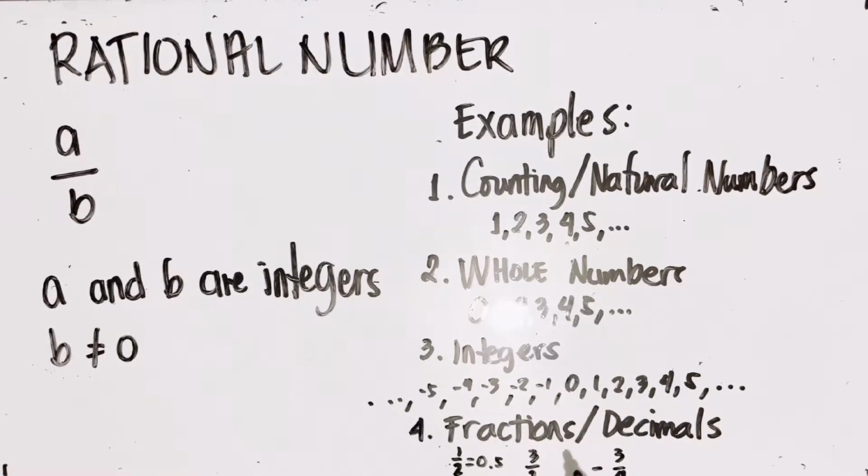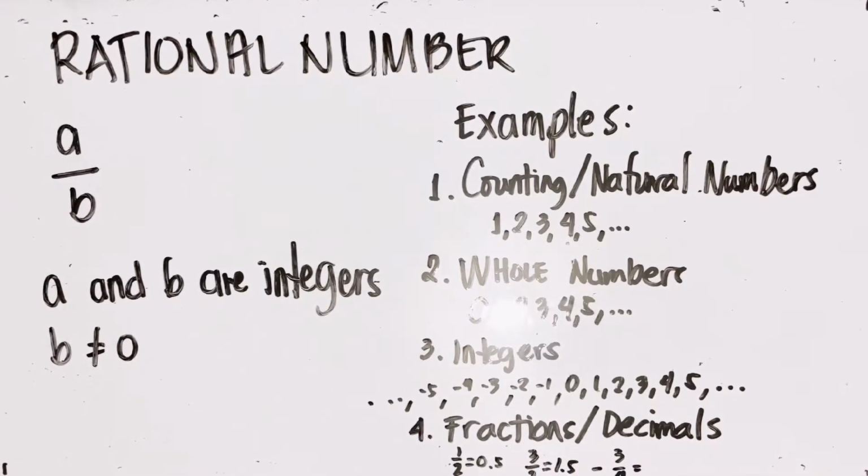Next, for 3 halves, that's 3 divided by 2, that's equal to 1.5. How about -3/4? -3 divided by 4, that's -0.75. So, these are the examples of rational numbers.